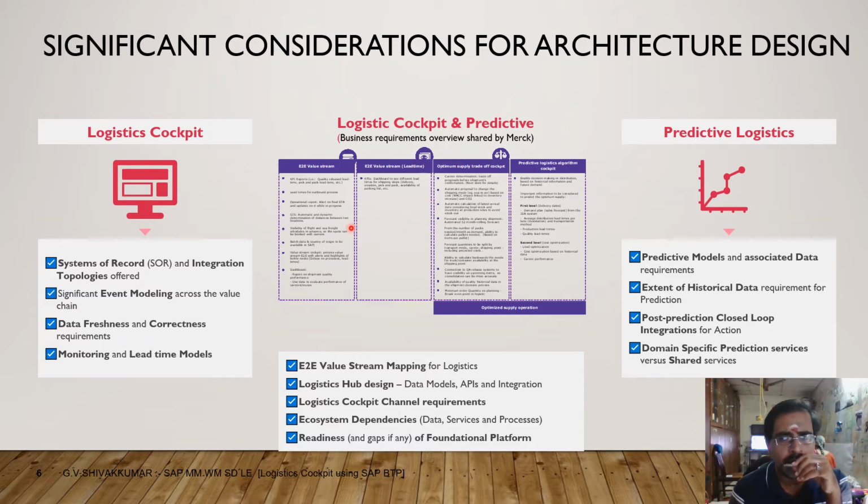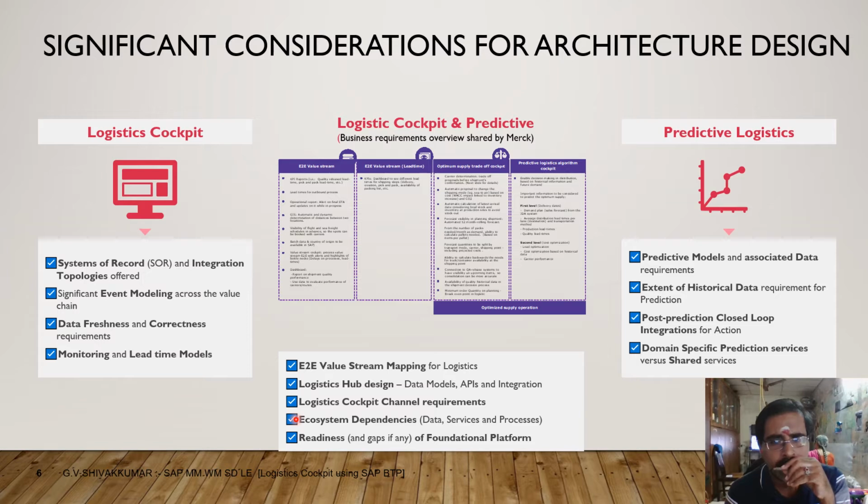Next, I already told what the significant functional or logistics requirements or drawbacks are that the logistics field is currently facing. They need a logistics cockpit; analytical and predictive diagnosis is required. They need to maintain end-to-end value stream mapping for logistics, and a logistics hub design which clubs all the data models, application interfaces and integration, the so-called APIs.